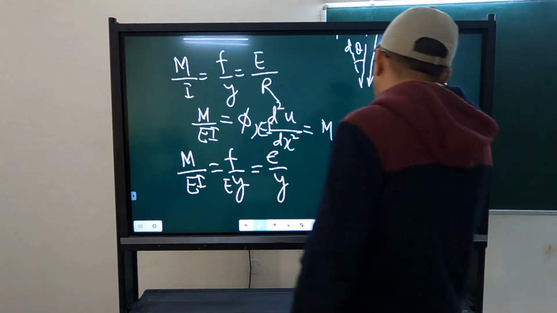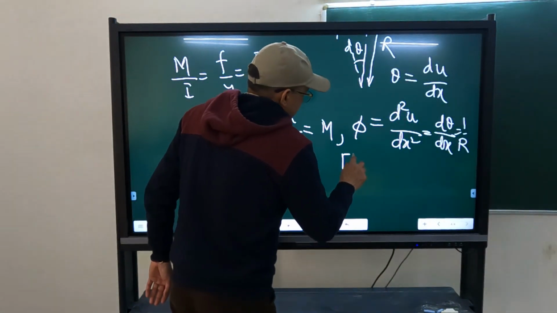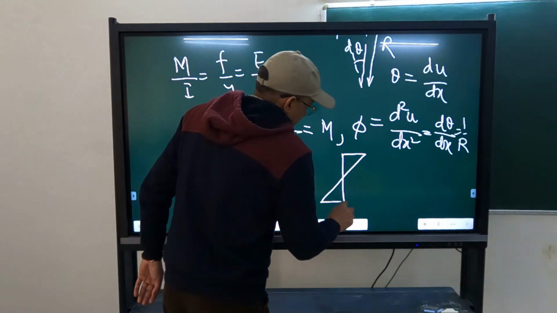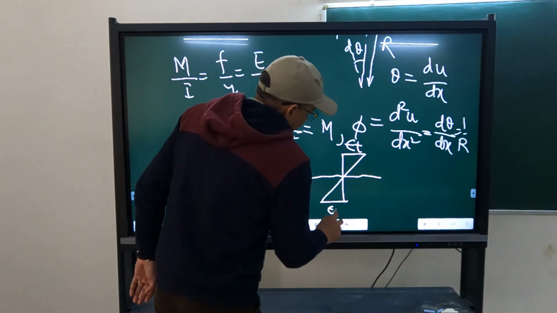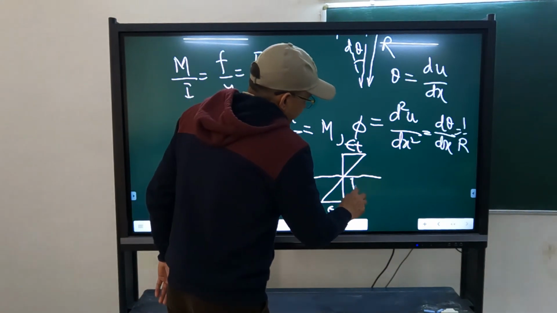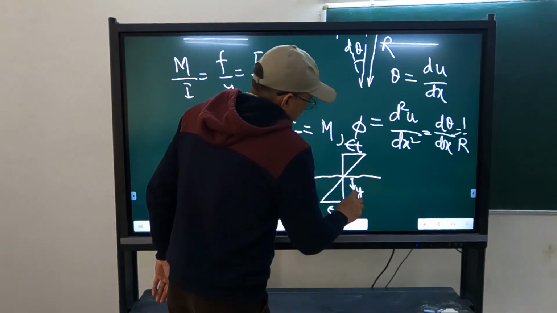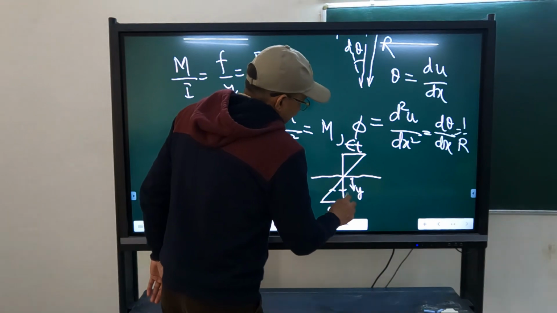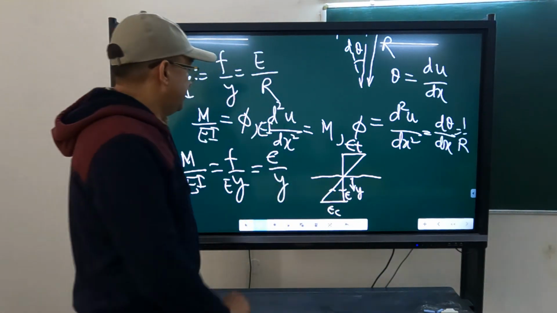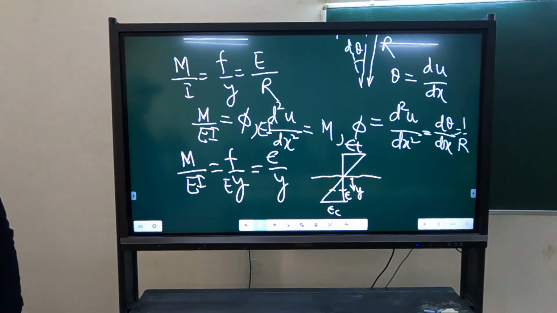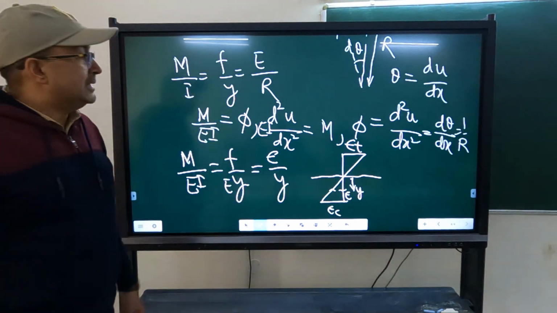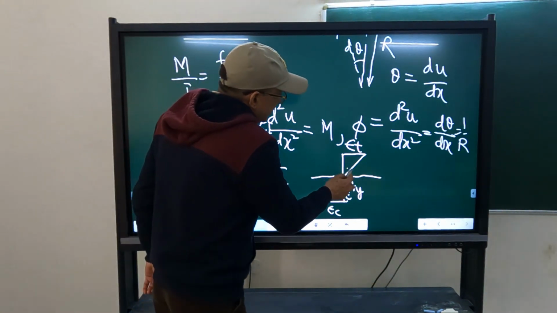So if this is the strain diagram, this is the neutral axis, it is epsilon t, in our case this is epsilon c, and y is this, and epsilon at any distance is this. So what is epsilon over y? Epsilon over y is this angle.